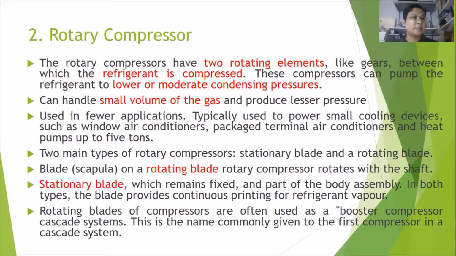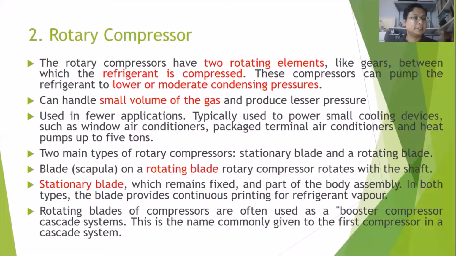And then next, there are two main types of rotary compressor: stationary blade and rotating blade. Sometimes the blade is moving, but sometimes the blade is static. The blade or scapula on the rotating blade rotary compressor rotates together with the shaft.